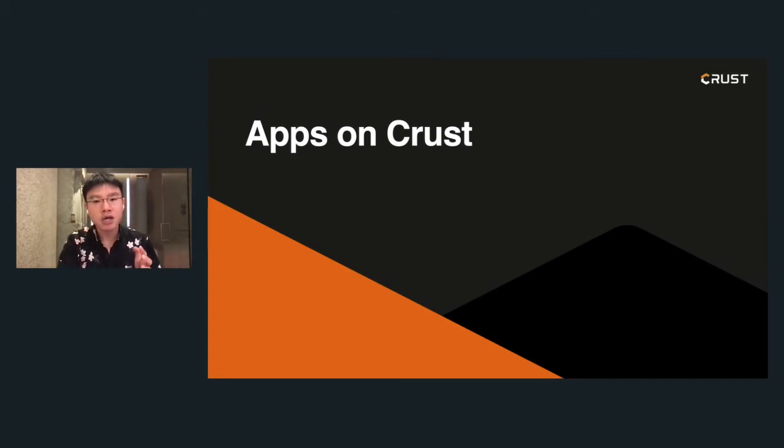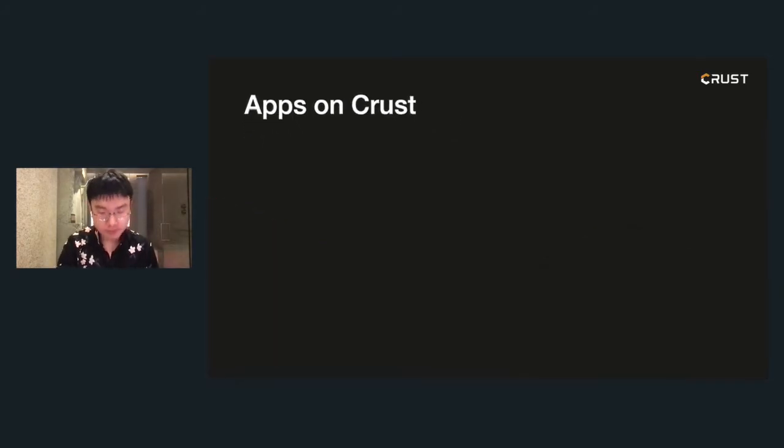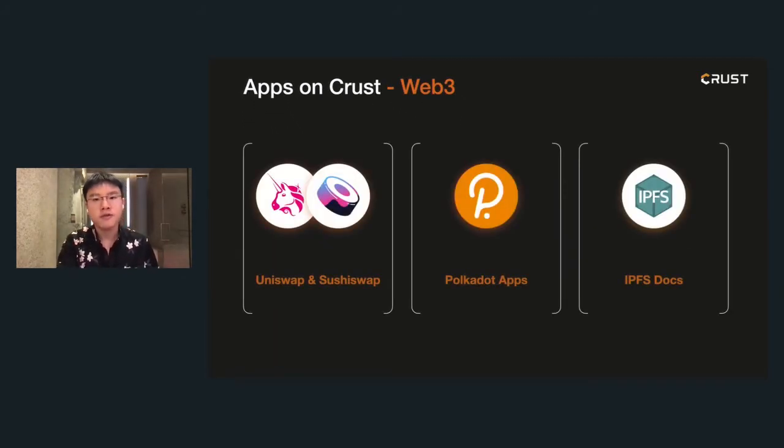And in the next part, I'm going to show you the current apps on Crust. The first is the Web3 ecosystem, and we now have Uniswap and SushiSwap in the DeFi ecosystem, and of course the Polkadot apps are also on Crust, and the IPFS docs are also on Crust.